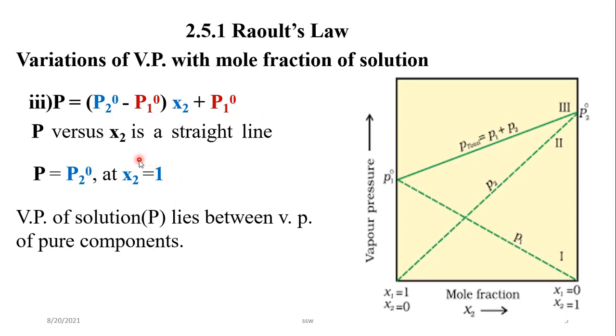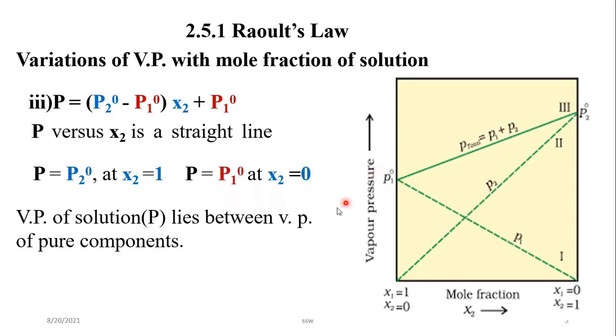So when the mole fraction of the second component, A2, is equal to 1, then the vapor pressure of the solution is equal to the vapor pressure of the pure component A2. Therefore when x2 is equal to 1, P is equal to P2 0.